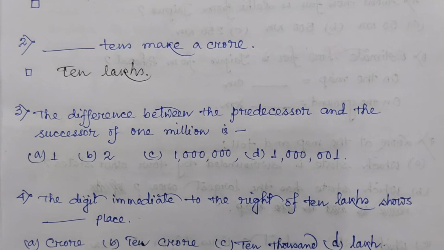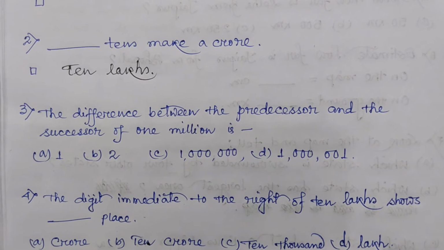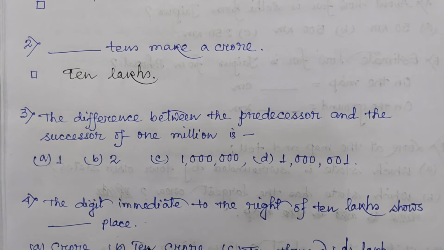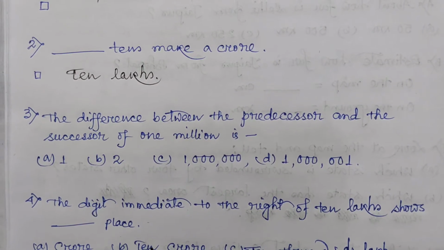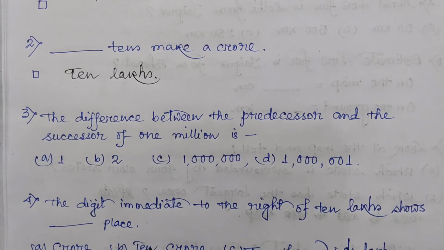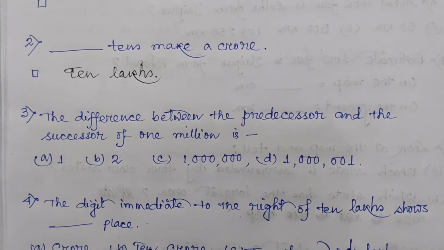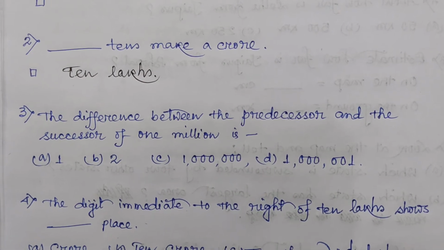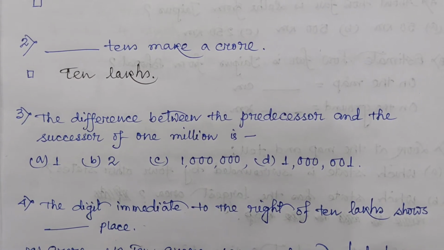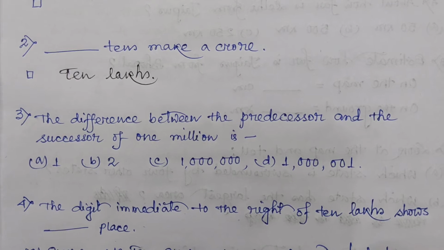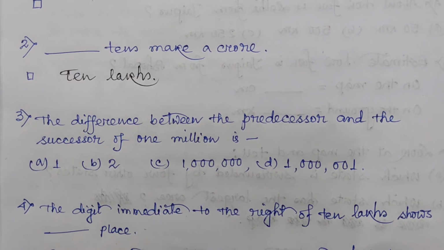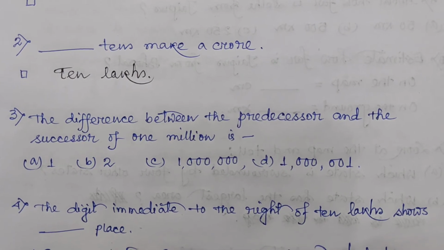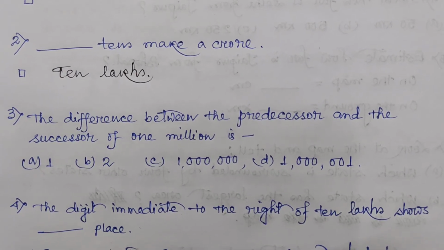Next, number 3. The difference between the predecessor and the successor of 1 million is. Here the options are A, 1; B, 2; C, 10 lakhs; D, 10 lakhs 1.